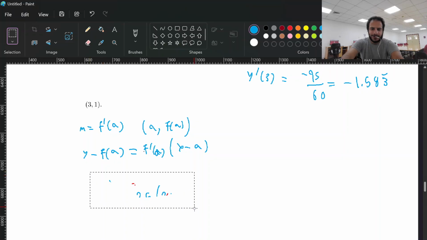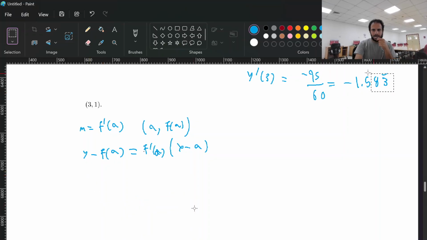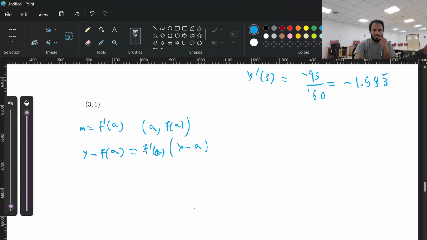You can substitute it as a fraction. I mean here there is no need to substitute this exact value. Keep it as a fraction, maybe it's better. As you like. So here y minus 1 equals minus 95 over 60 times (x minus 3).